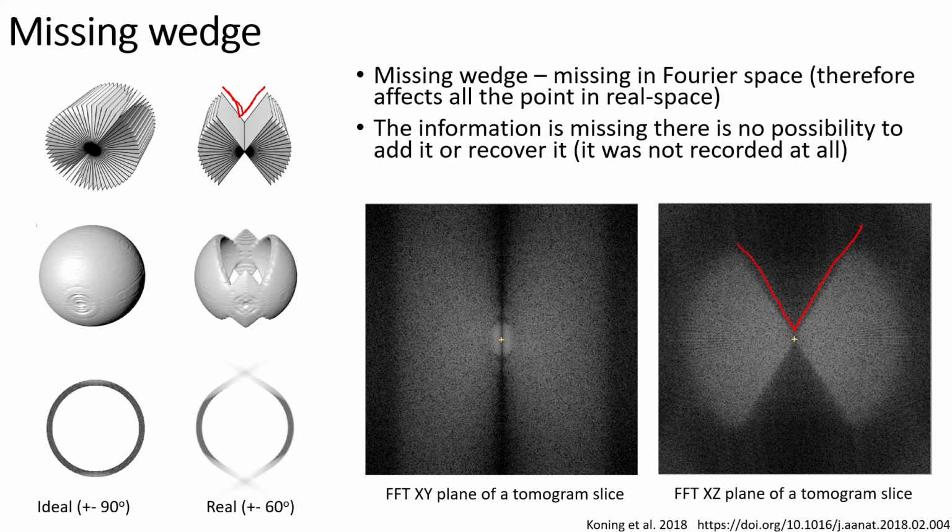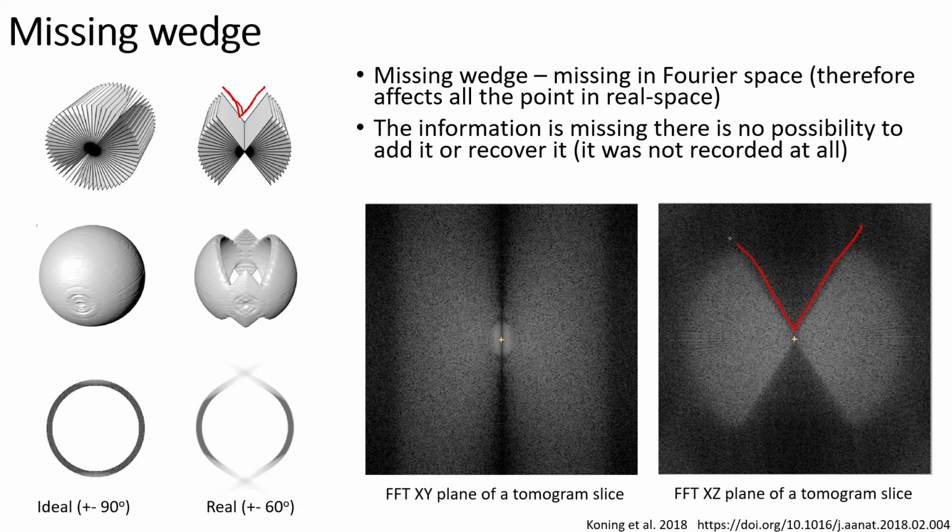This is called the missing wedge in tomography, where in this place, in the Fourier transform of our images, we don't have any supporting information for the reconstruction. This is because at this angle our sample was not exposed at all. That means that this information was not recorded, and this information cannot be recovered by any method.